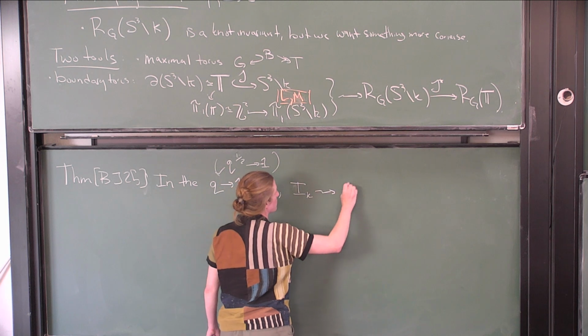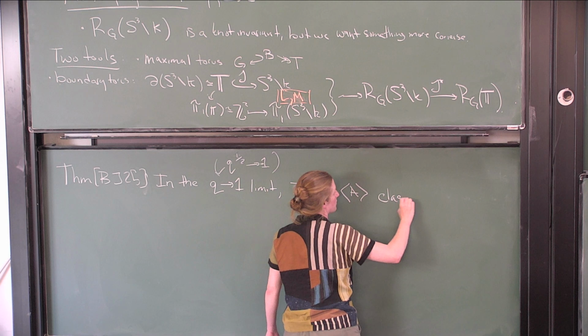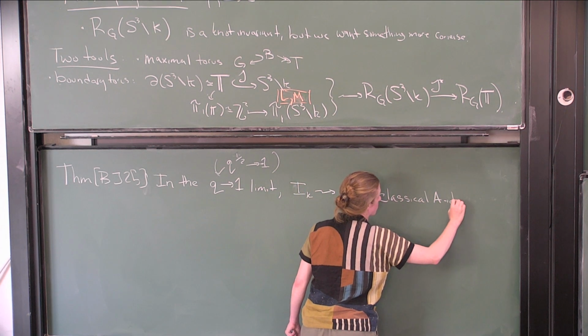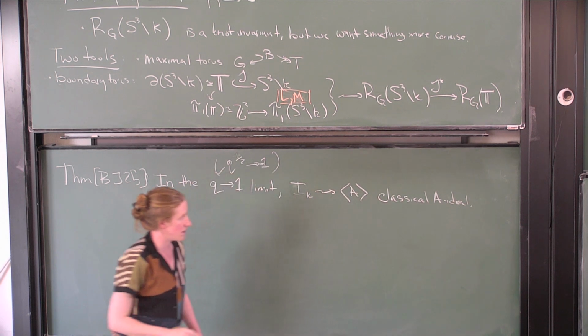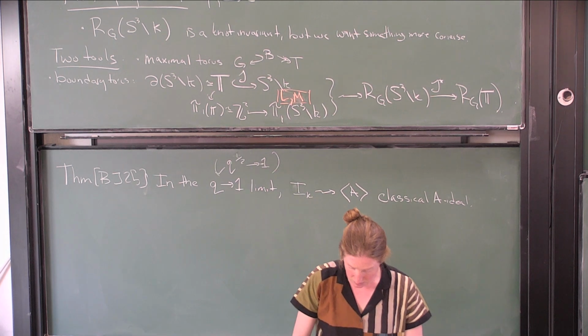A_K goes to the classical A ideal. So just the classical ideal generated by the A polynomial. Okay.